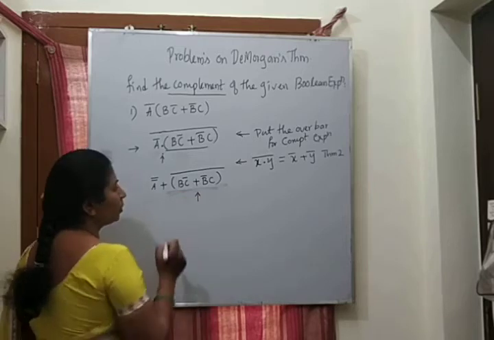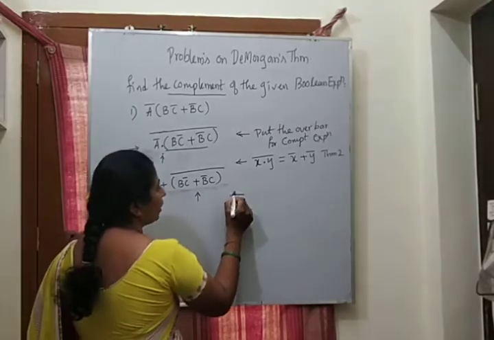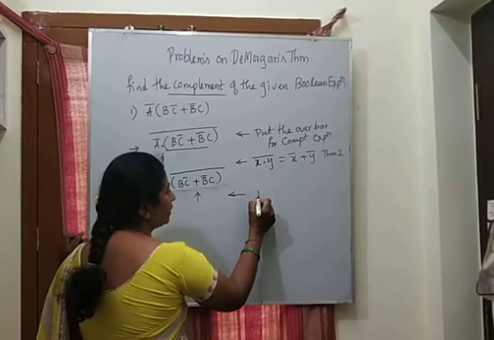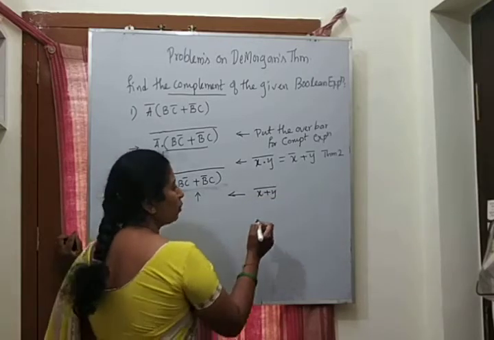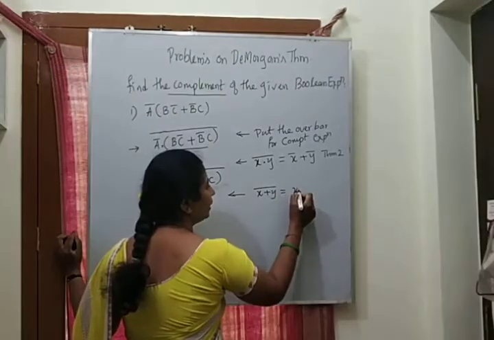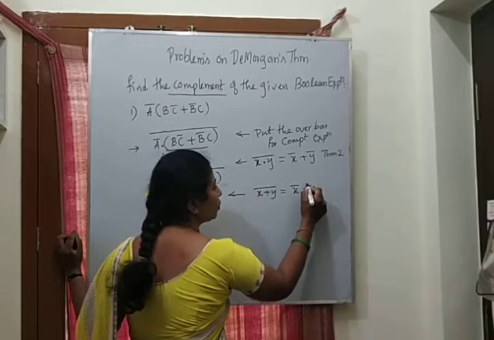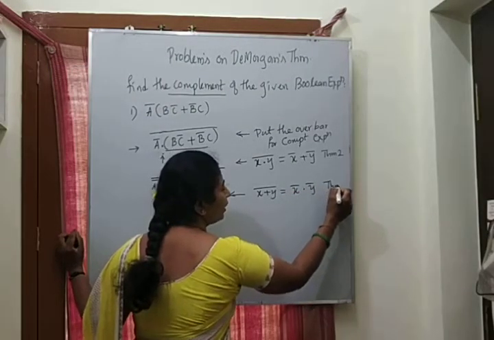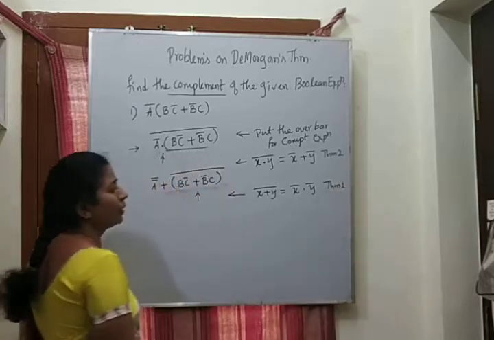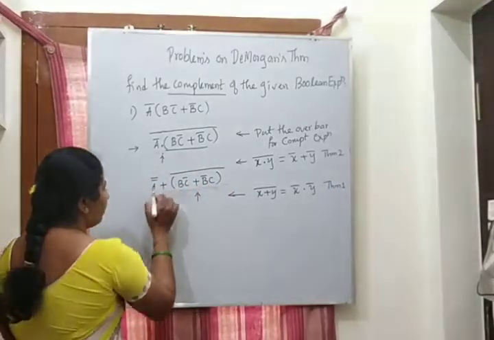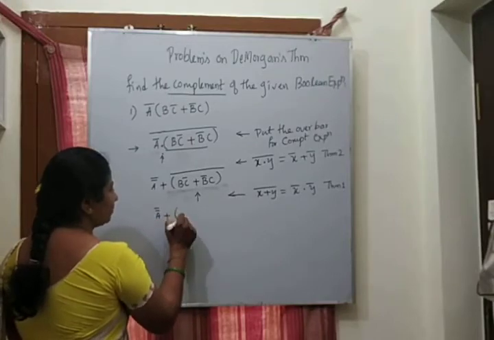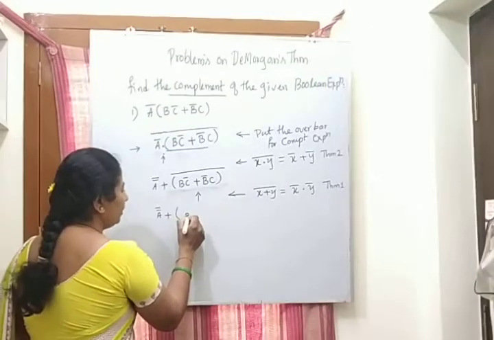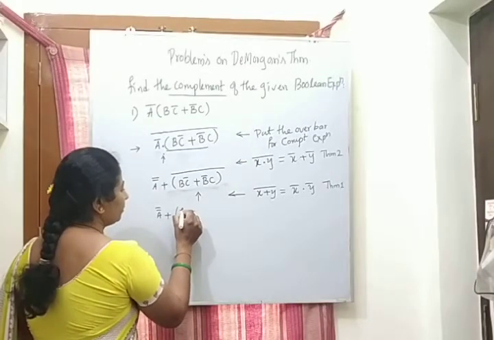Again here one more plus is there. Apply De Morgan's theorem. According to De Morgan's theorem 1, x plus y whole complement can be written as x complement into y complement. Copy down the expression as it is, x double dash plus b c bar.